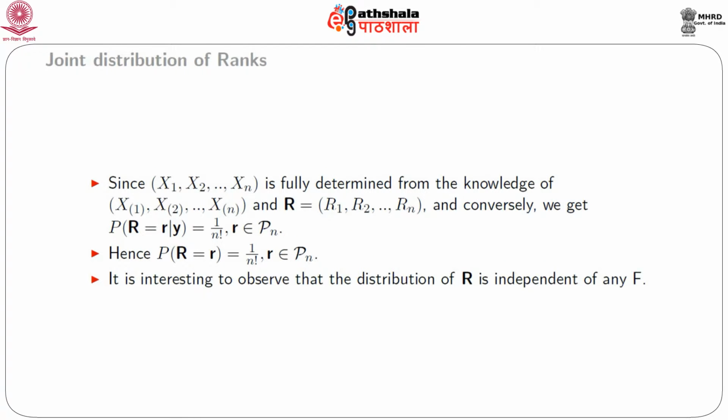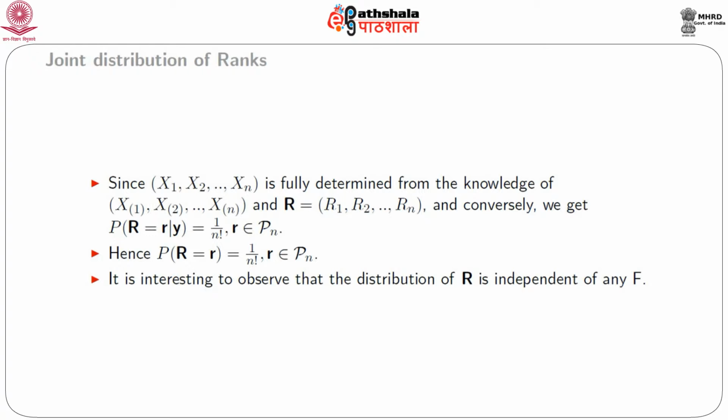Since X_1, X_2, ..., X_n is fully determined from the knowledge of the order statistics and R, that is the full set of ranks, and conversely, we get that the conditional distribution of the rank vector given the order statistics is simply 1 upon n factorial for every value of R. Therefore, we find that the distribution of the rank vector is independent of the order statistics vector, and hence we get the joint distribution of ranks as 1 by n factorial for all possible permutations of the first n natural numbers.